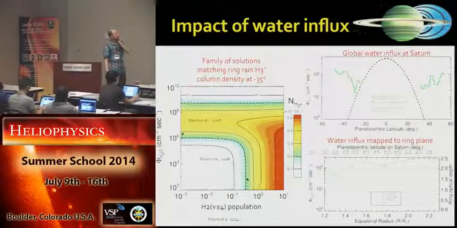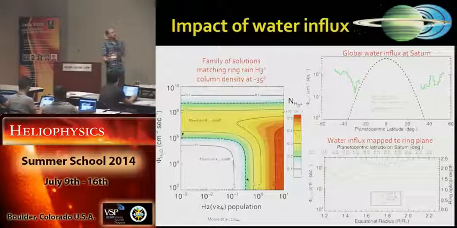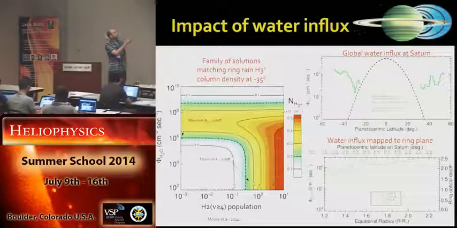And in fact, you can use those emissions in H3+ to get an estimate of what the water influxes might be from the rings. So here's an example. These contours are modeled H3+ column densities. And remember, there are two unconstrained losses in the ionosphere. What is the population of vibrationally excited H2, and what is the water influx?